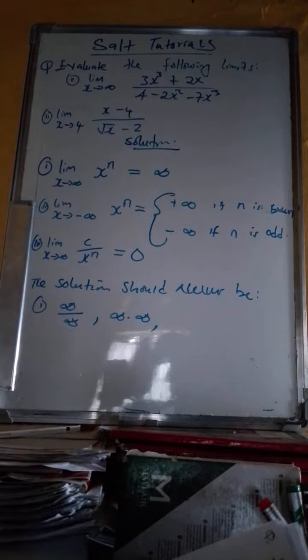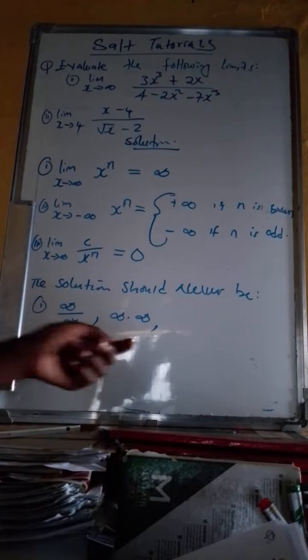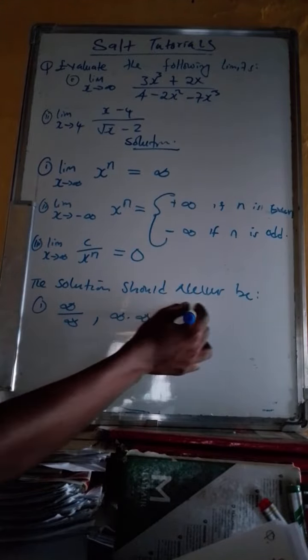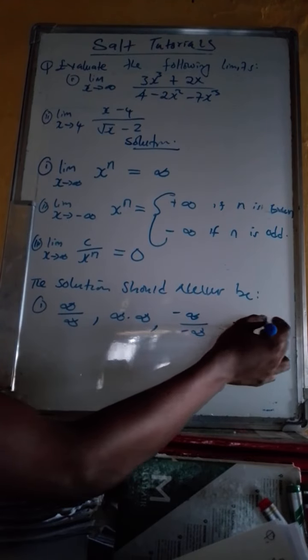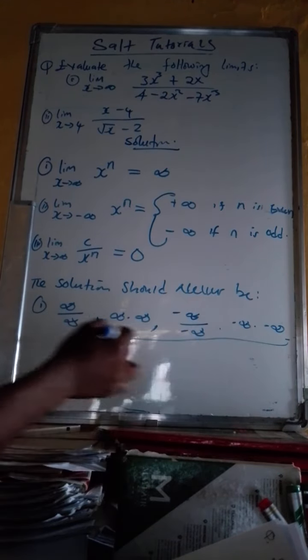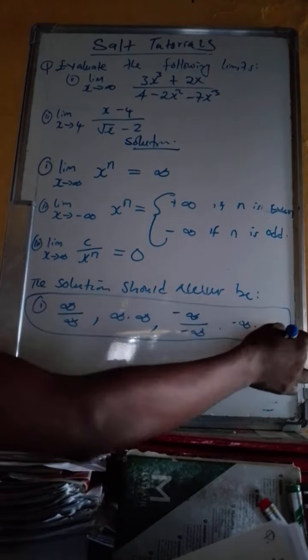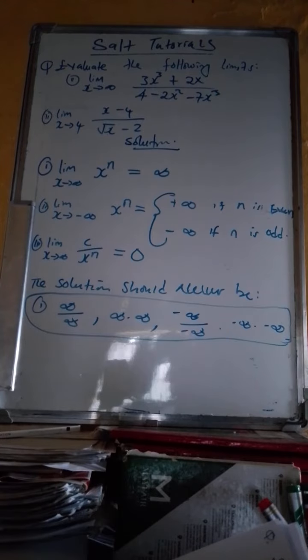So when we put in infinity, we shouldn't have such cases: infinity over infinity, infinity multiplied by infinity, or negative infinity over negative infinity, or negative infinity multiplied by negative infinity. These are called indeterminate forms of limits. So every time you have something like that, do not give your solution in that form.